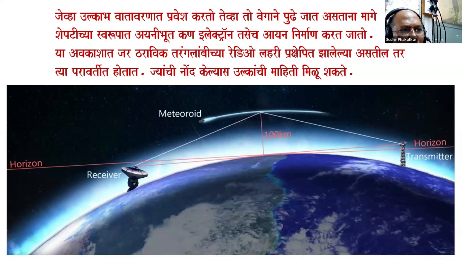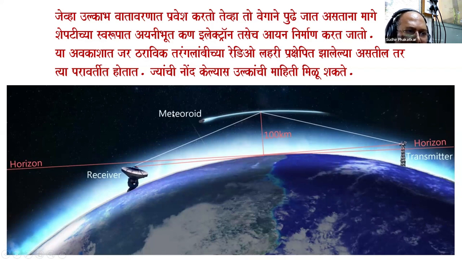And if we note the reflection of those radio waves, so after observation or recording of radio waves, we can get the information of meteors or meteorites also. In this picture, it has been shown very clearly.